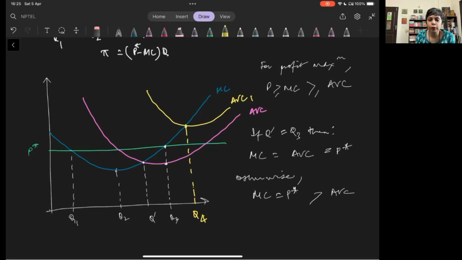So the firm is not going to operate. So in this case, there won't be any profit maximization, which is why we have imposed this condition here that marginal cost equal to P star is equal to or greater than average variable cost. I'm deleting this because otherwise people who read the notes will get confused.